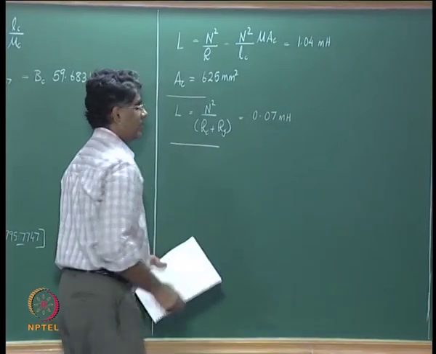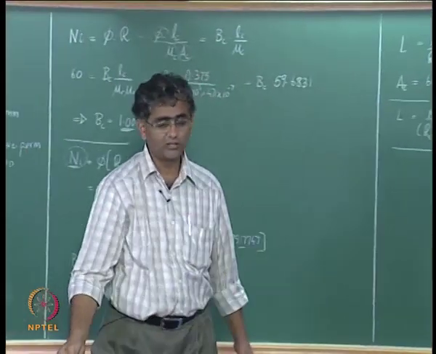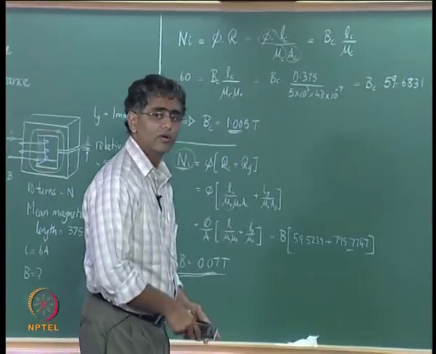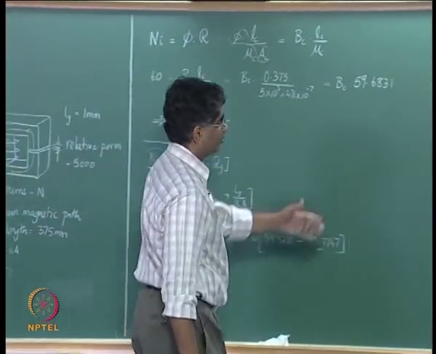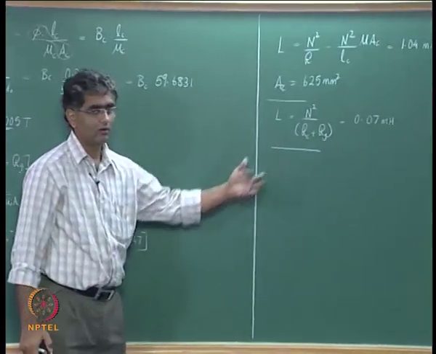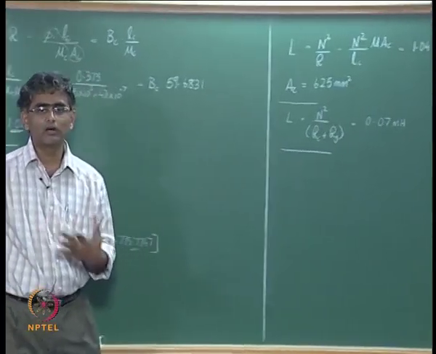You can see that the inductance has come down substantially because of the addition of air gap. So this is another important effect of having an air gap, the inductance comes down substantially.